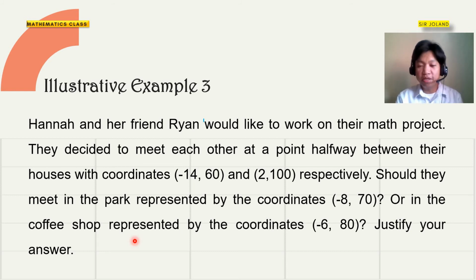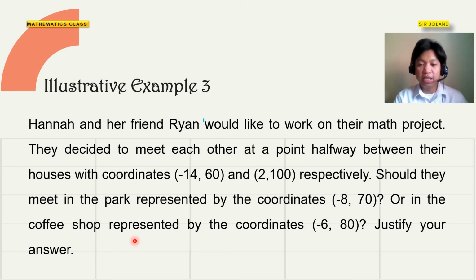So dalawang lugar na yon, saan ba doon kailangan silang magkita para yung distance nila sa isa't isa ay parehas. Kumbaga magiging patas kasi we're meeting halfway, no? Yung distansya mula sa bahay ni Hannah at yung distansya mula sa bahay ni Ryan ay magiging parehas lang kapag nag-meet sila dun sa landmark na yon or dun sa point na yon.